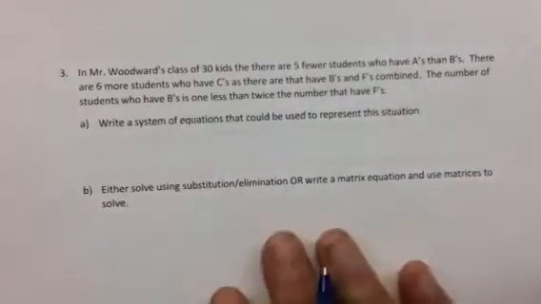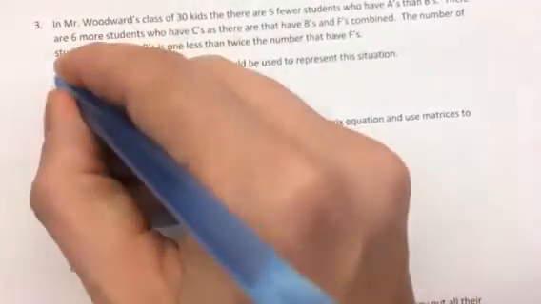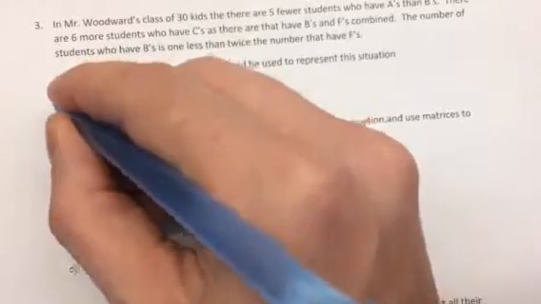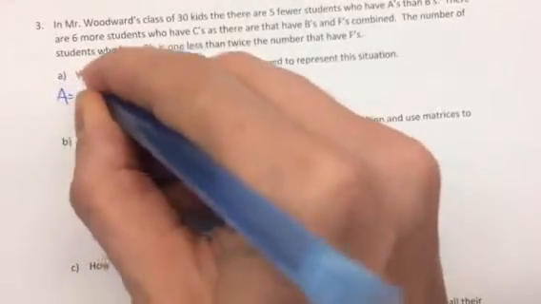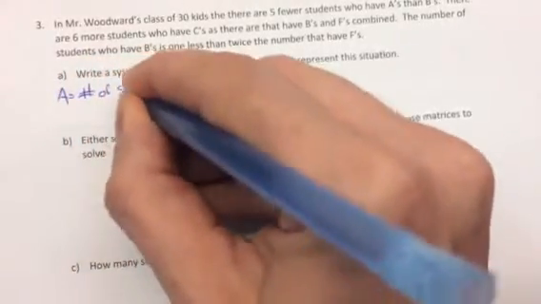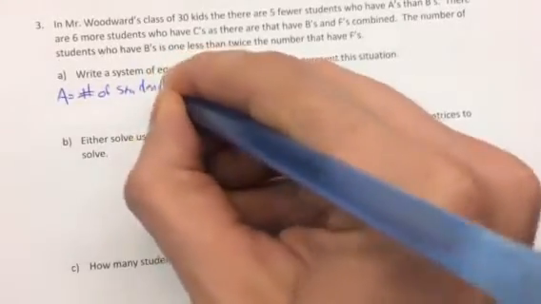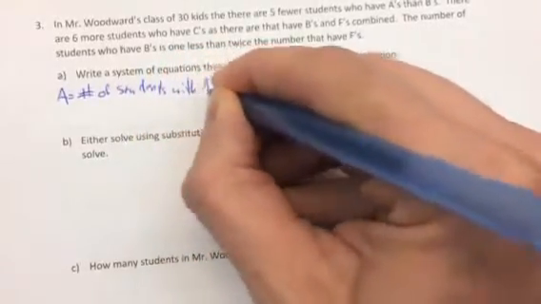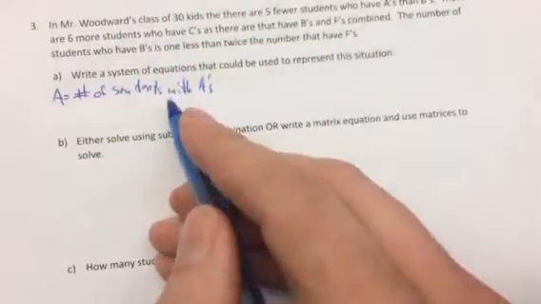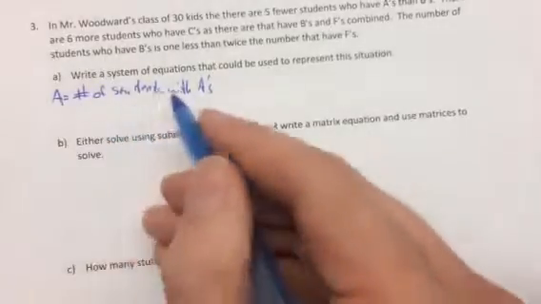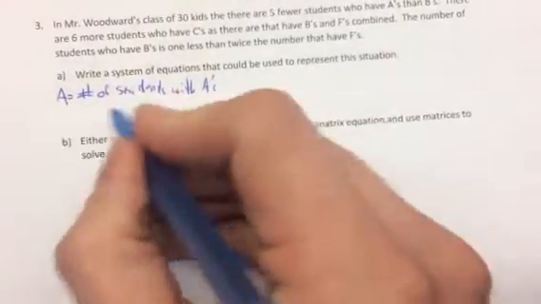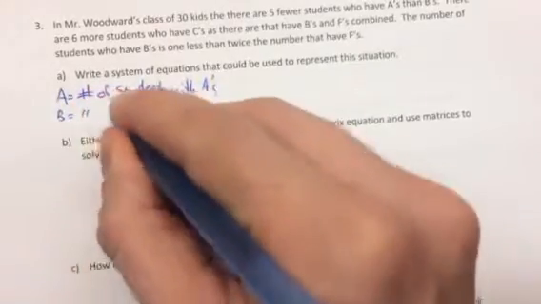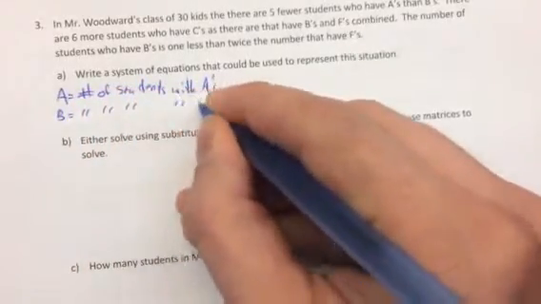Okay. The first thing we need to do is to define our variables. So I'm going to say A is the number of students with A's. Notice "A's" is not good enough. It's the number of students who have A's. That's what the variable is going to stand for. B is the number of students with B's.